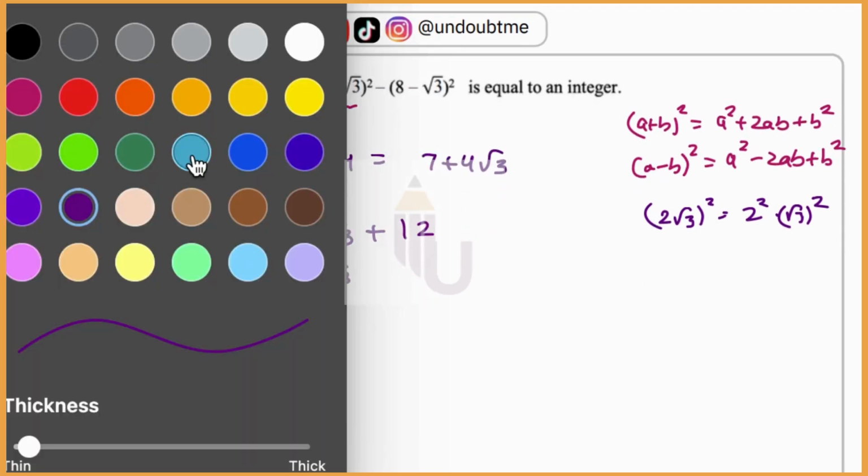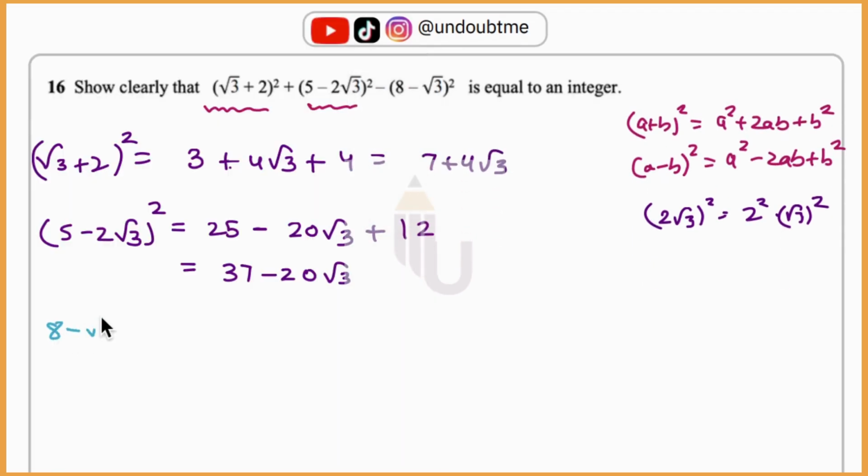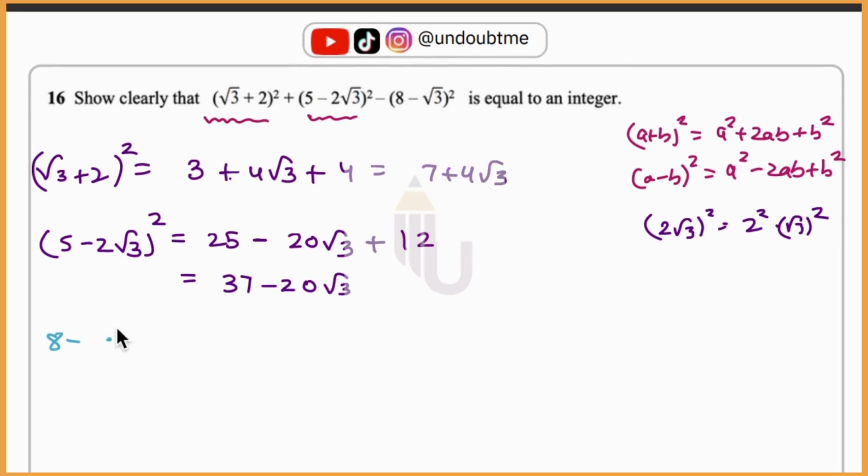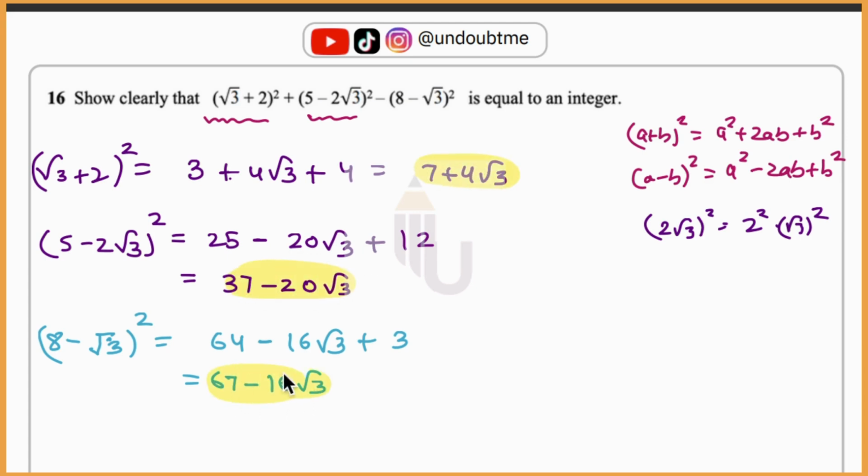And the last term I have is 8 minus root 3 whole square, that will be 8 square minus 2 8s are 16 root 3 plus root 3 square is 3, so that will be 67 minus 16 root 3. Now I have to use these 3 terms and I will place them in their places above.